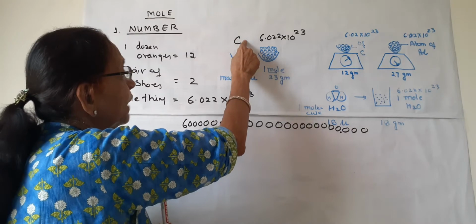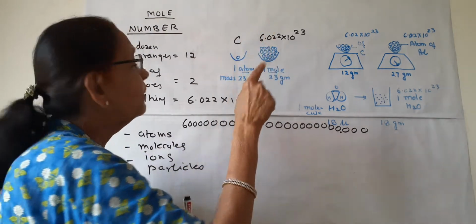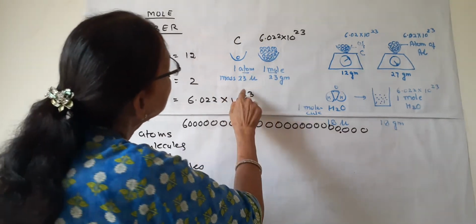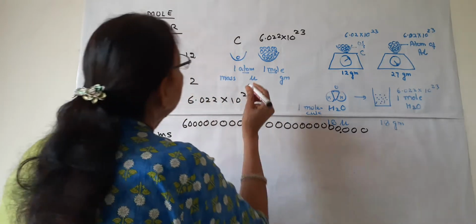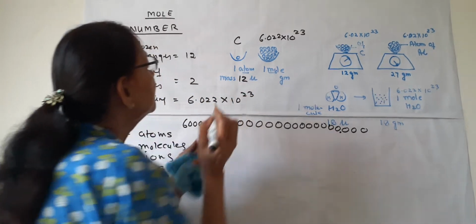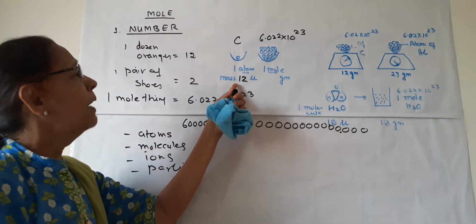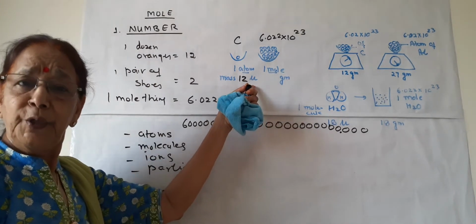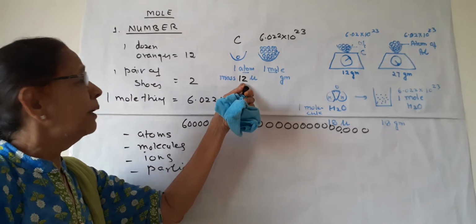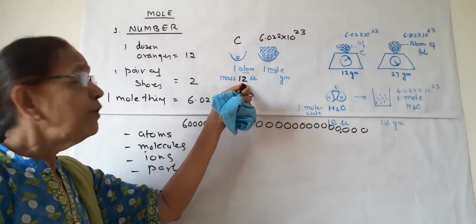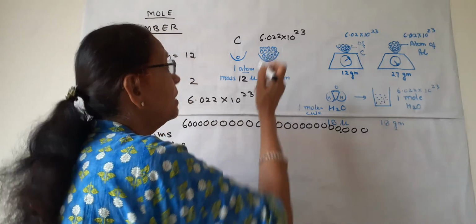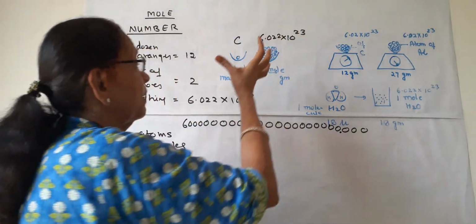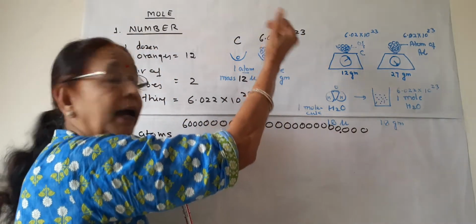We know one carbon atom, its mass should be 12 U. You know that 1 atom of carbon weighs 12 U. So what should be the mass of 1 mole of carbon? It should be quite heavy compared to this.